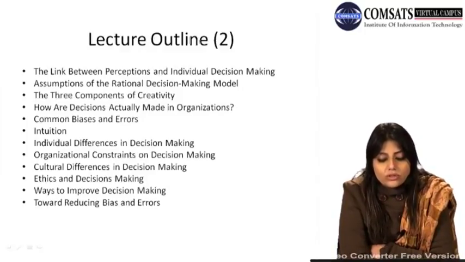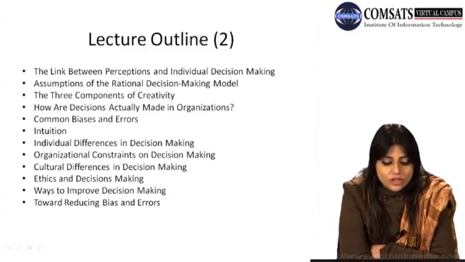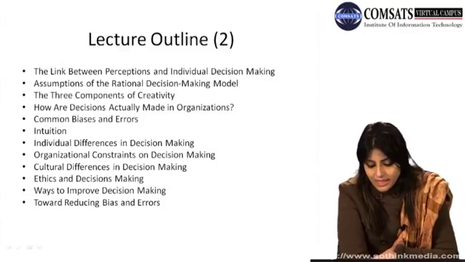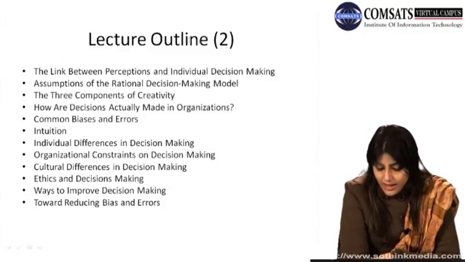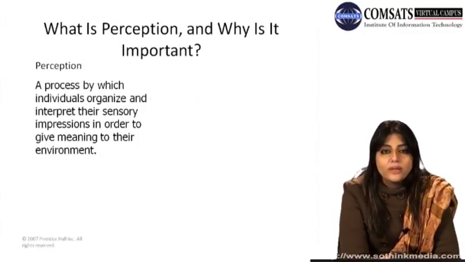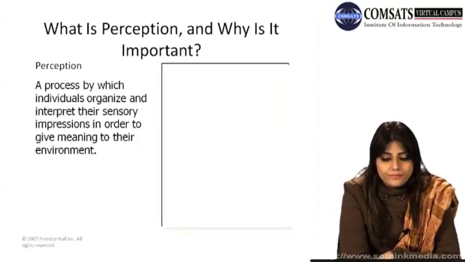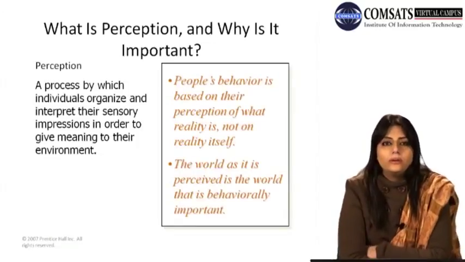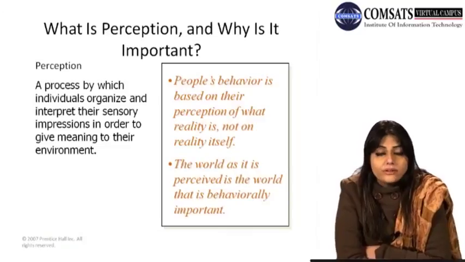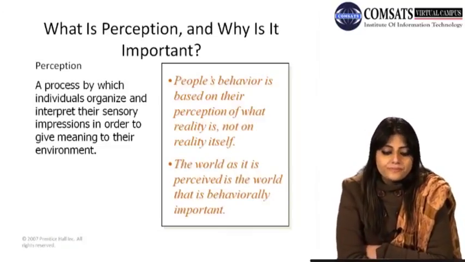We'll see organizational constraints on decision making, and we'll see cultural differences in decision making, ethics and decision making, and ways to improve decision making, and how these errors and biases in decision making can be improved. So let's start our agenda from the concept of perception.